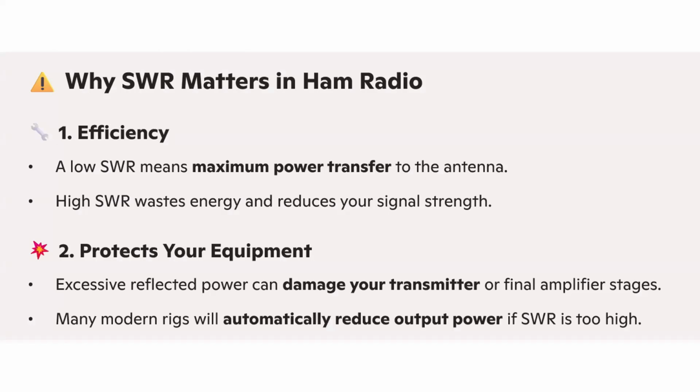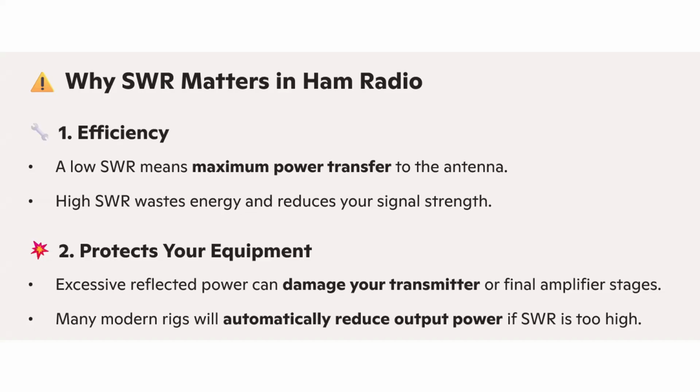Now, we're very fortunate in that most of our equipment has something called a power foldback, and the rig itself will detect a high SWR and reduce the power and protect itself. If you're using a homebrew rig or some type of inexpensive QRP transceiver, it might not have this protection.